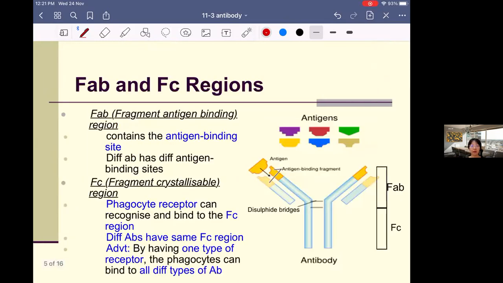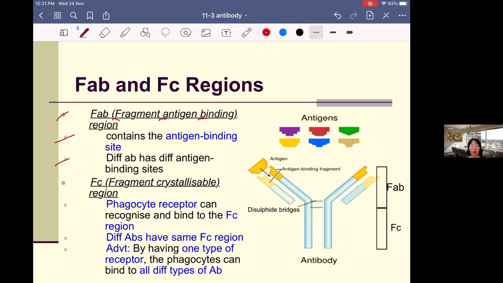Okay, next. What about the FAB and FC regions of the antibody? FAB is short for fragment antigen binding region. It contains the two antigen binding sites.